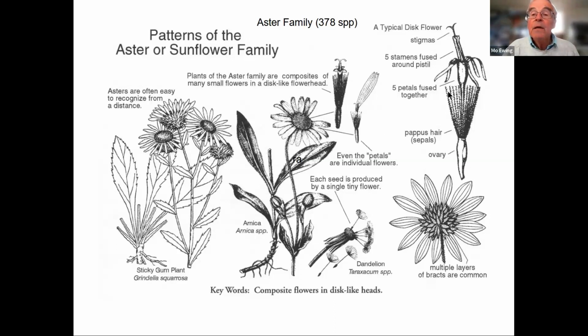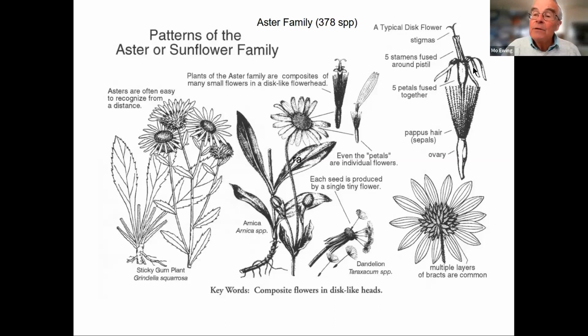If you look at a typical disc flower, these are what they call pretty advanced flowers, and they are constructed with an inferior ovary. Here's the ovary down here. And then above that are the sepals, which are these guys here, but they're so highly modified. They're called pappus hairs.